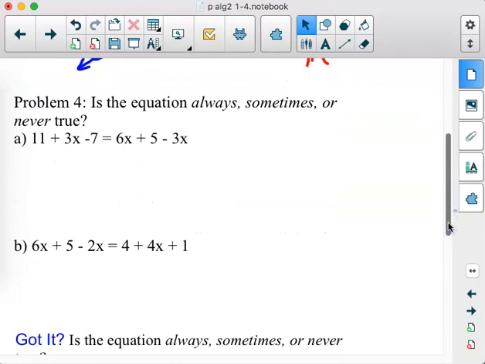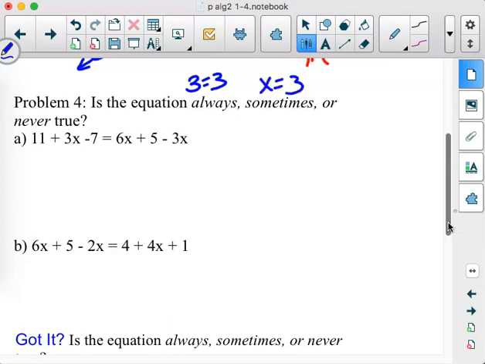So problem 4 says, are we talking about a problem here that's always, sometimes, or never true? So always, we're going to see because we're going to get an answer 3 equals 3. That is always true. We might see 7 equals 7. Negative 15 equals negative 15. It's an always true statement. Sometimes is what feels normal to us.